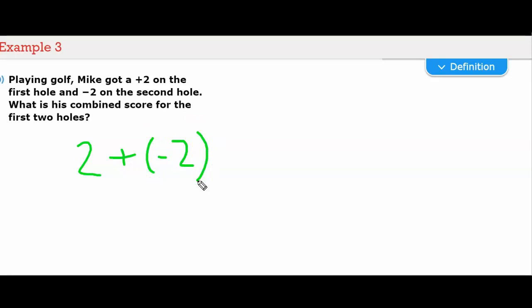And with golf, what that means is how many times you had to swing the golf club. So if we add that together, we have 2 plus a -2.